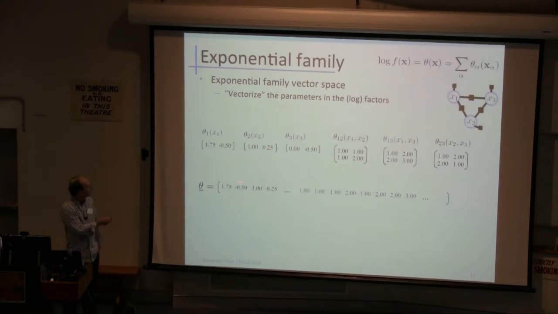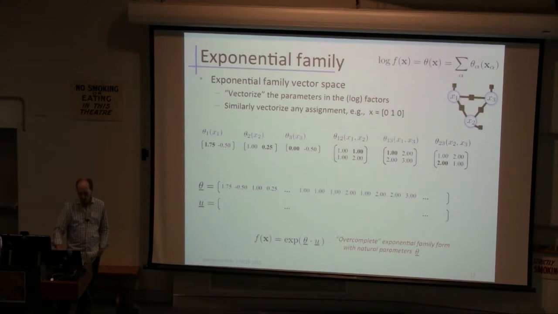So here we're enumerating all of the parameters that go with our function over x1, our function over x2, our function over x1 and x2 jointly, and so on. And so this vector now describes the model in an invertible way.